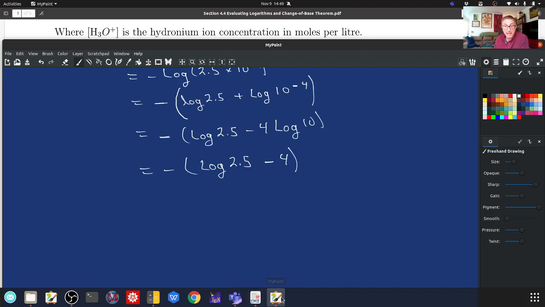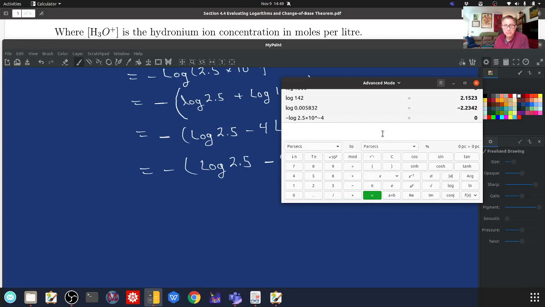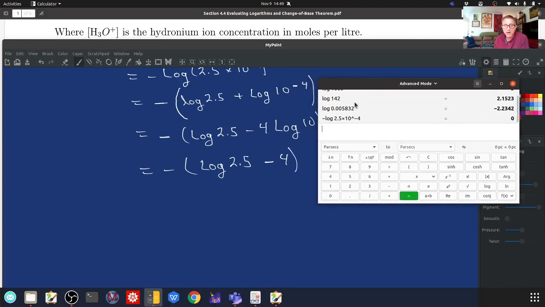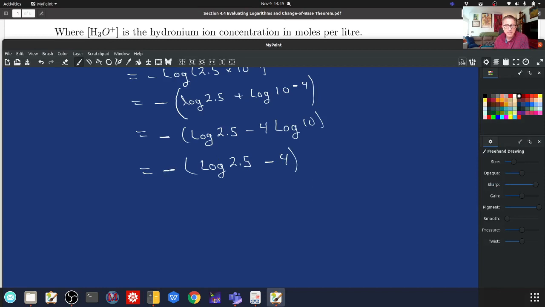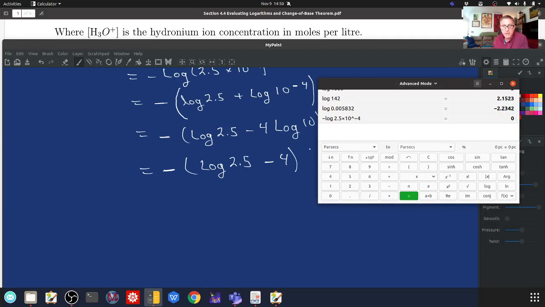So let's do that in the calculator. That I can do. So what I will do is find out what the log of 2.5 minus 4 is, and then I'll change the sign, by applying the negative right there. And we'll just do that in our heads. There should be a change of sign. Some calculators have change of signs. I don't see one necessarily on this one, and like I said, I don't want to mess with it because this is not about a particular calculator. So let's calculate what's in parentheses and then we'll change the sign.